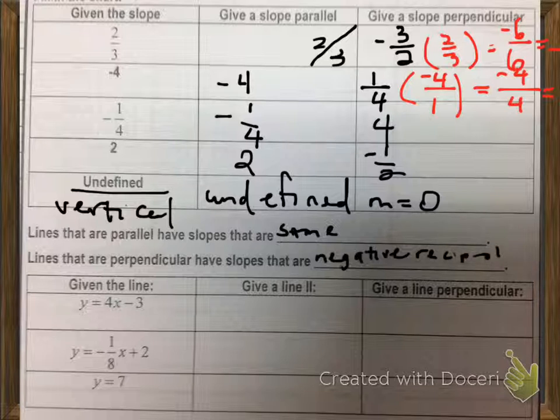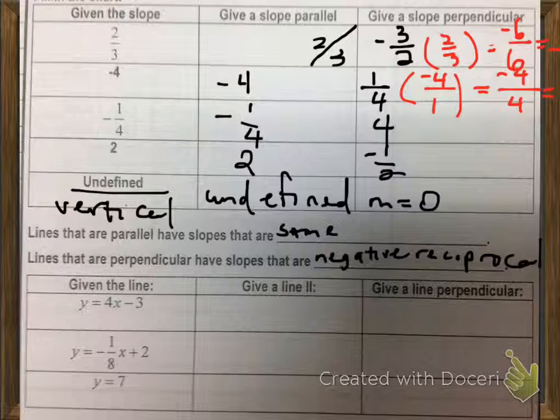Write in there negative reciprocal. At this point, you should be able to fill a lot of this in on your own.